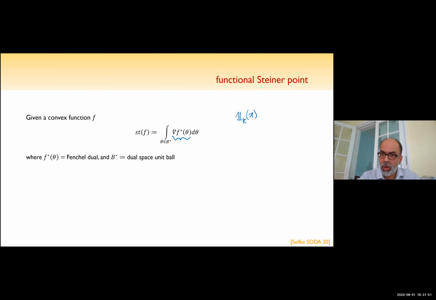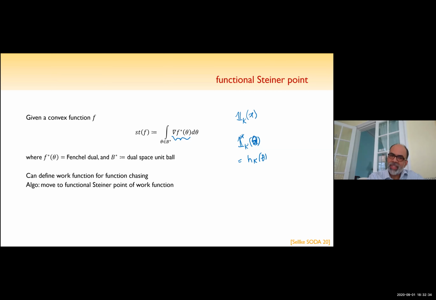So for a convex body, I can talk about its indicator. And then if I look at the indicator's dual, it's actually equal to the support function of theta. All I'm saying is this definition generalizes the definition of a Steiner point directly. And it's a very natural definition. And using this, he gives an algorithm for convex function chasing, which is move to the Steiner point of the work function.